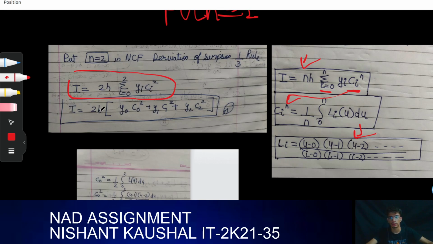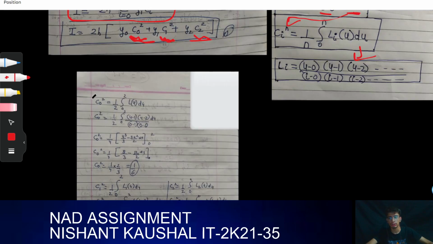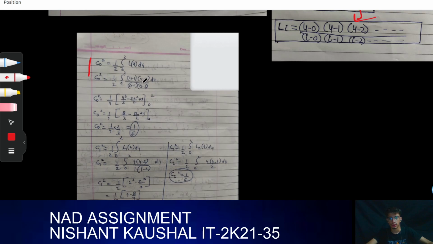So I equals 2h times y0 c0 of 2 plus y1 c1 of 2 plus y2 c2 of 2, right? Now we will find c0, c1, c2 one by one.